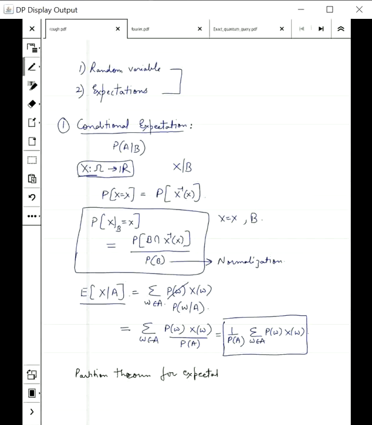The statement would be: given disjoint events B1, B2, up to Bk, the expected value of X can be calculated by looking at each individual expectation.